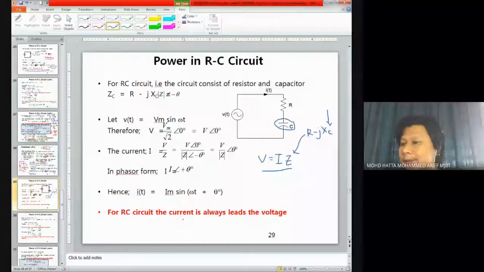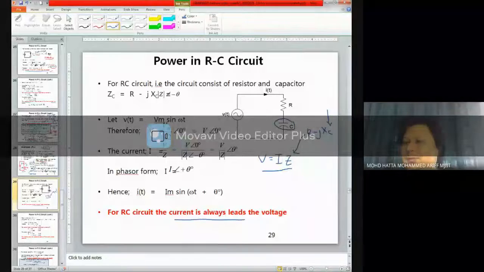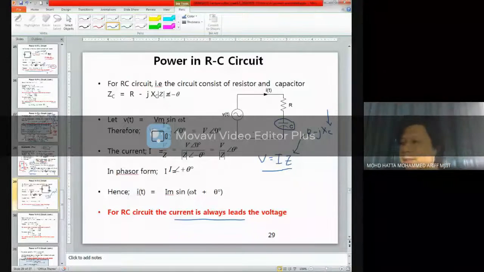Based on the current, we can say that the relation between the voltage and the current in RC circuit is given by this term, which is the current always leads the voltage.